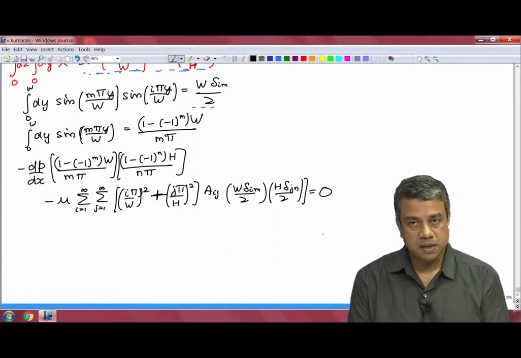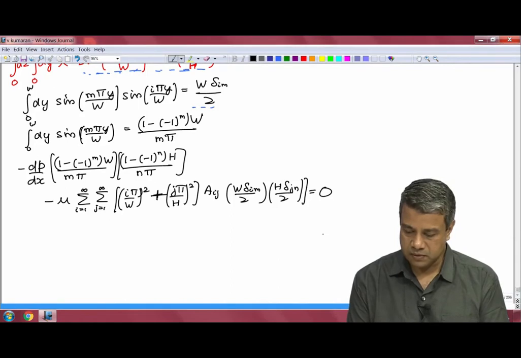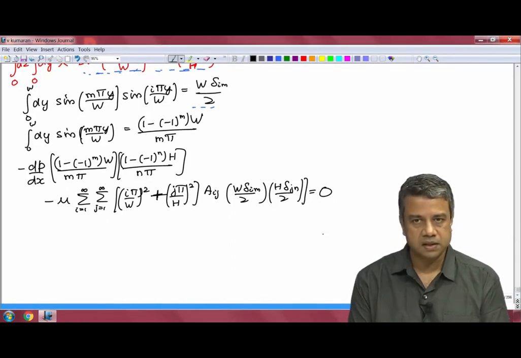Now, this summation in the second term on the left is non-zero only when i is equal to m and j is equal to n.